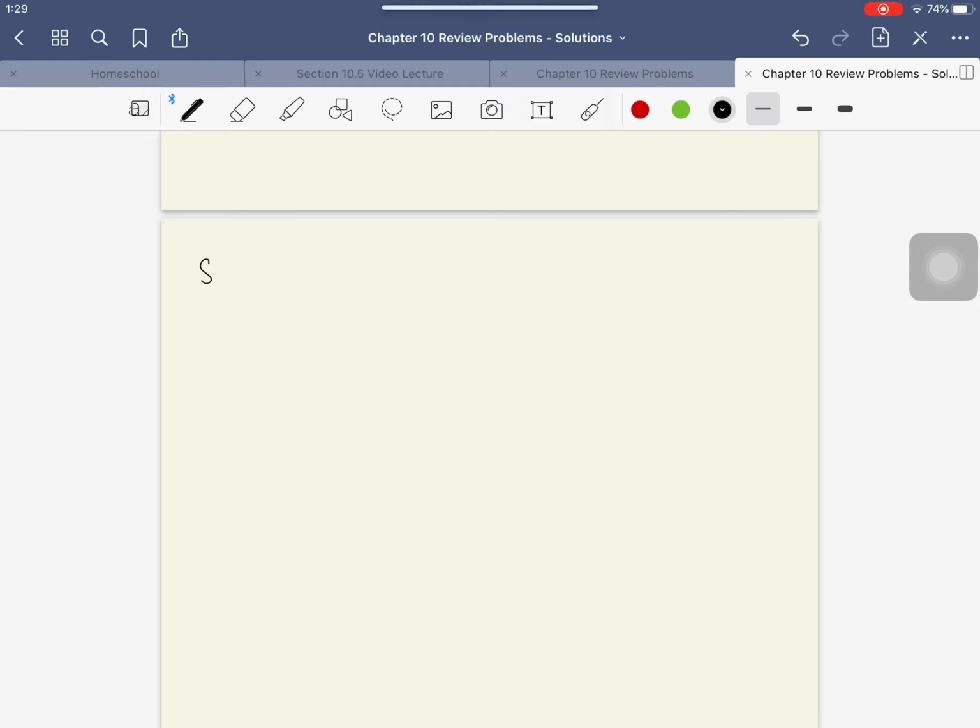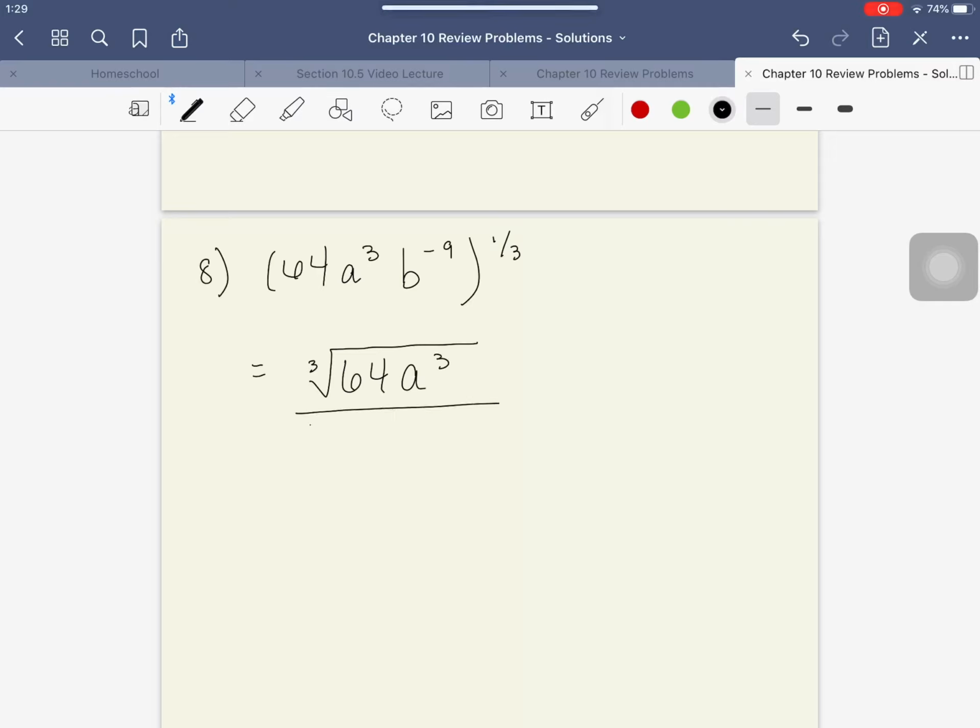All right, number 8. 64 a cubed b to the negative 9th power, and that is being raised to the 1/3 power. All right, I can rewrite this as the cube root of 64 a cubed over the cube root of b to the 9th.